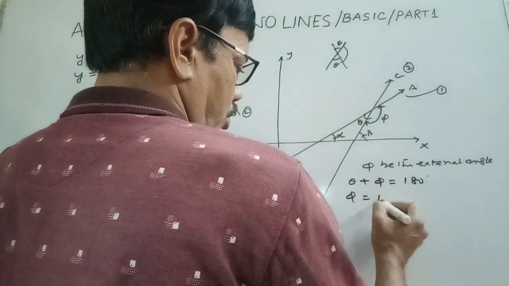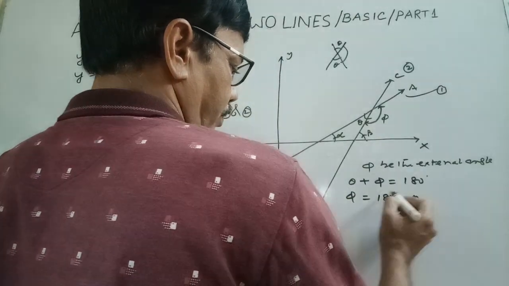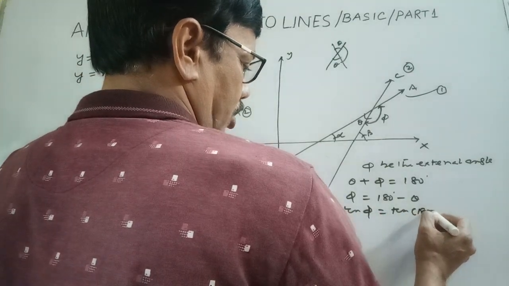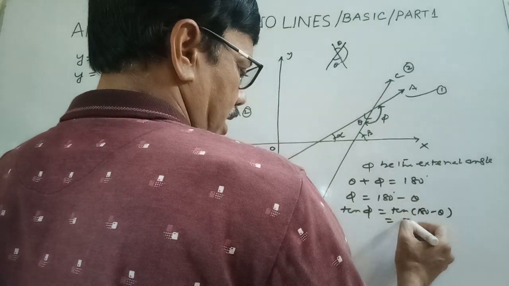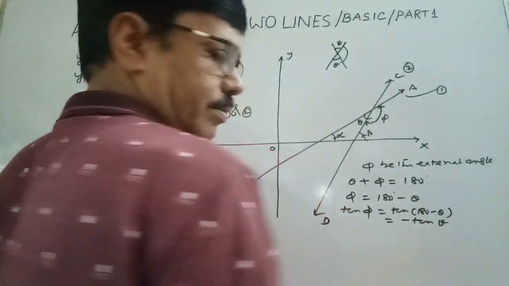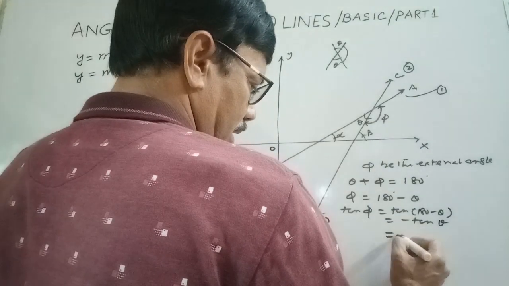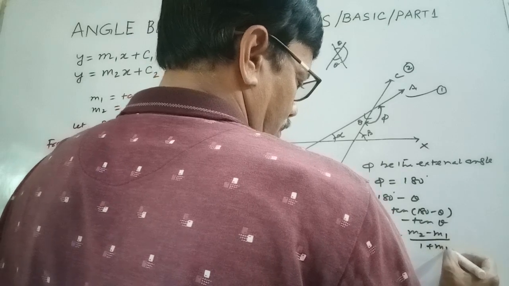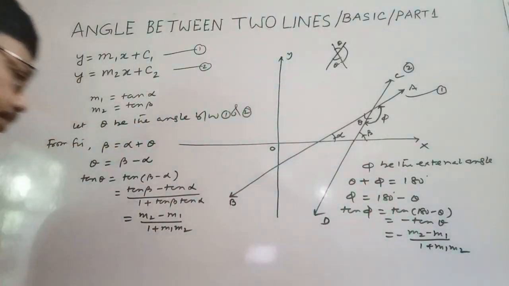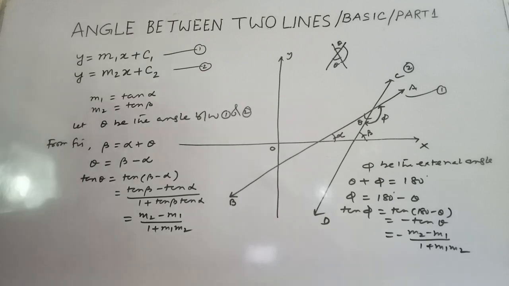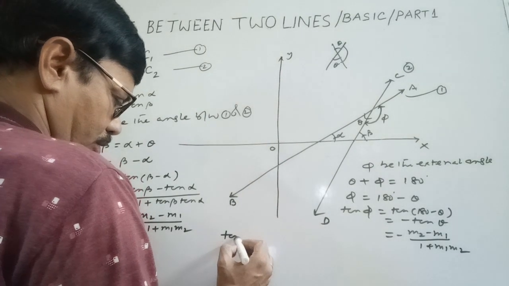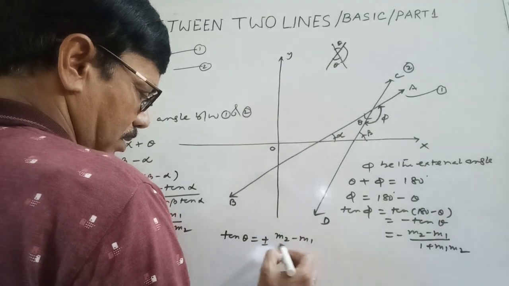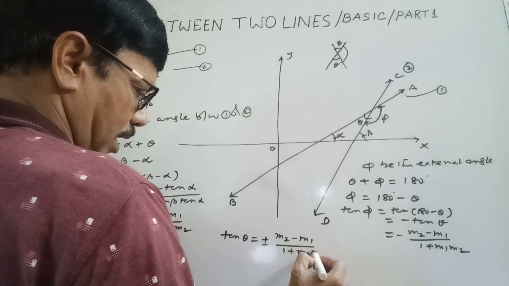So phi equals 180 minus theta. If you take tan phi, tan of 180 minus theta, no need of expanding it, this is minus tan theta. So finally we get minus m2 minus m1 over 1 plus m1 m2. So finally tan theta equals plus or minus m2 minus m1 over 1 plus m1 m2.